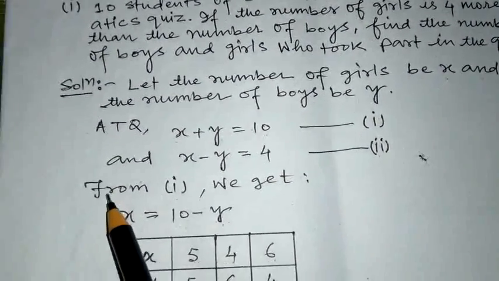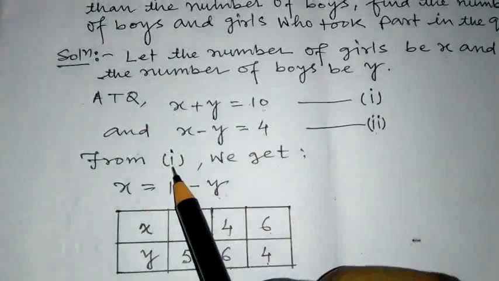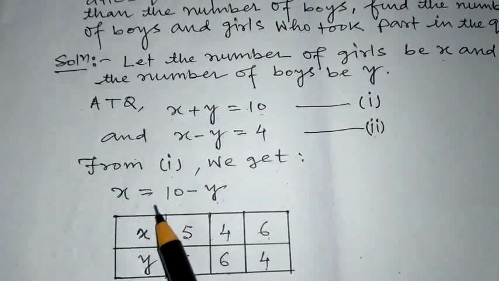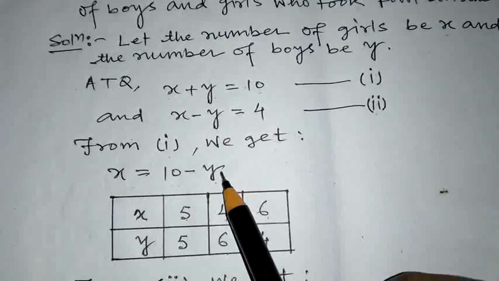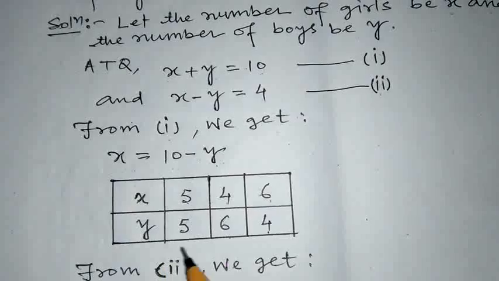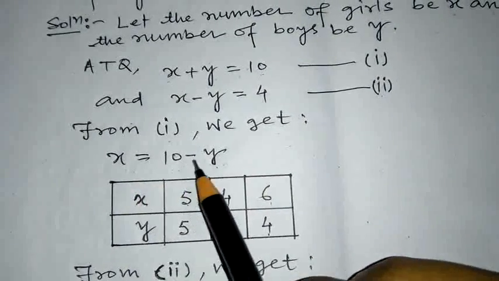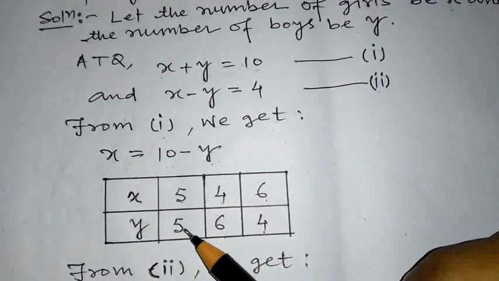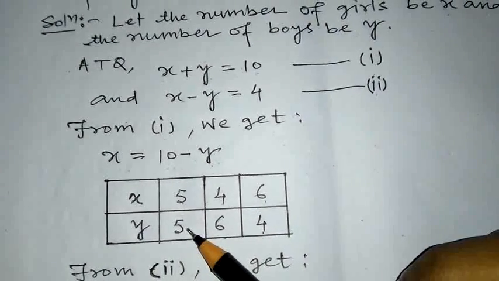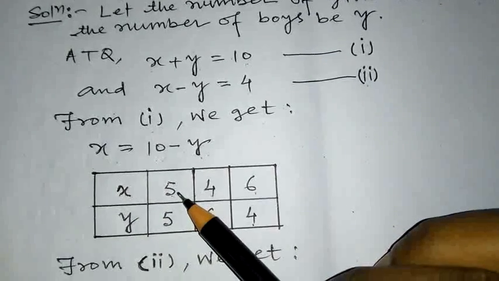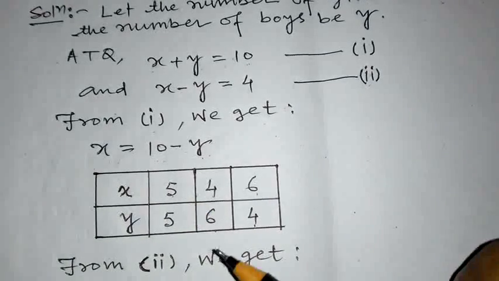Now students, from equation number 1, we get x equal to 10 minus y. Now see the solution table for x equal to 10 minus y. If you take the value of y equal to 5, then you will get the value of x equal to 5.